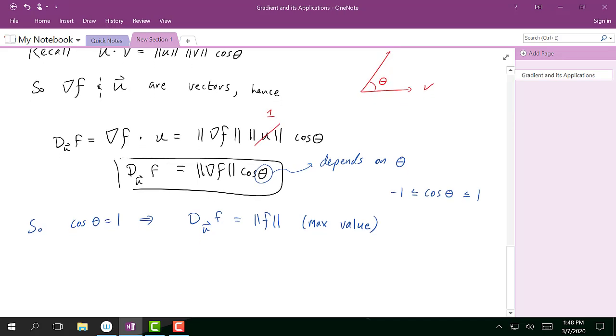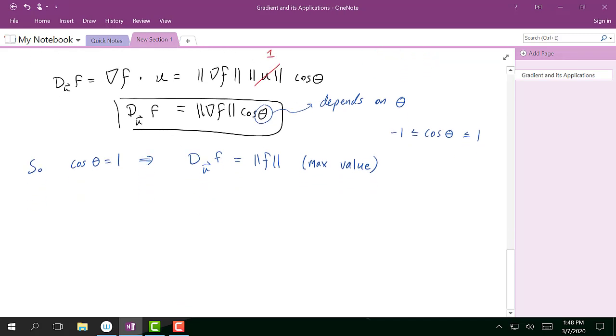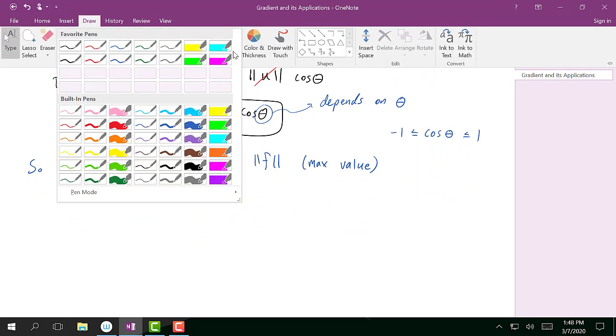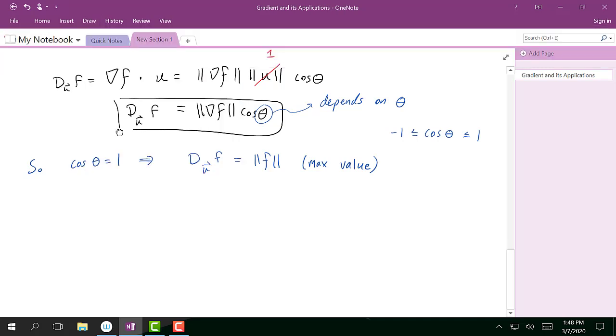So I'm going to scroll down just a little bit. And so let's think about when this happens, right? We're going to look at the vectors that are the gradient of f and u, and look at what happens when the cosine of theta is equal to 1. Cosine of the angle between them is 1. So if the cosine of the angle between them is 1, then we know that that angle has to be 0.